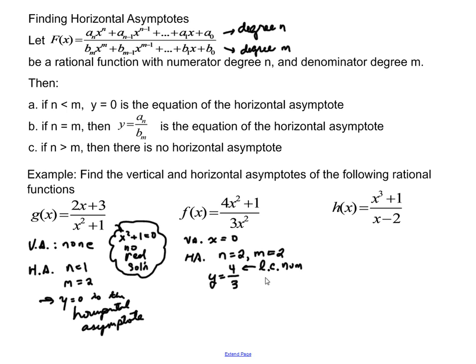So we take the leading coefficient of the numerator over the leading coefficient of the denominator, and that's going to be our horizontal asymptote of that line.